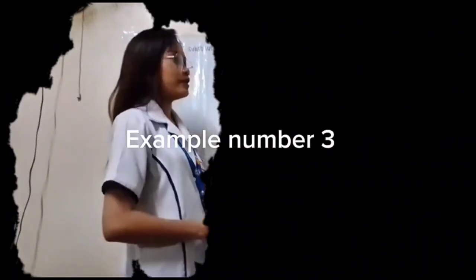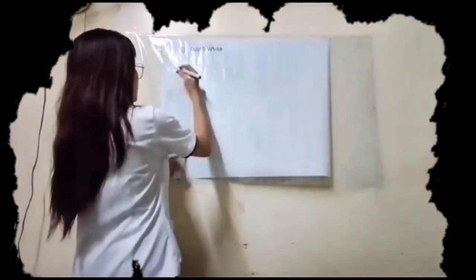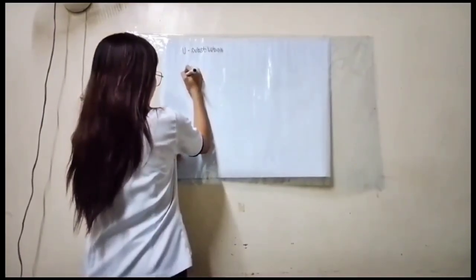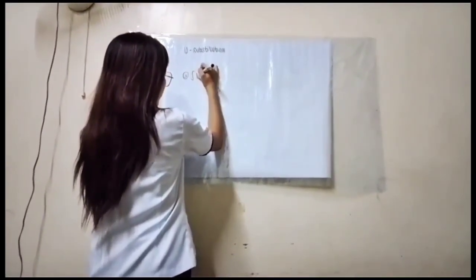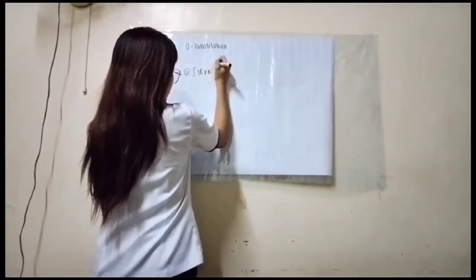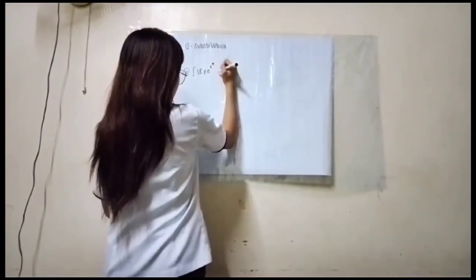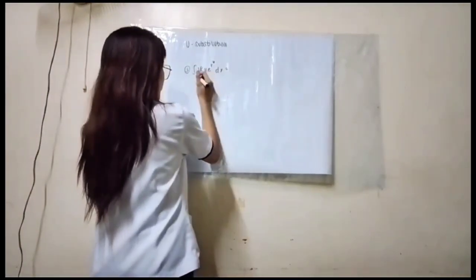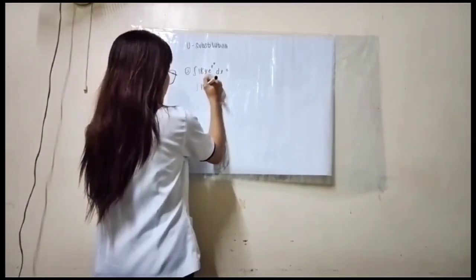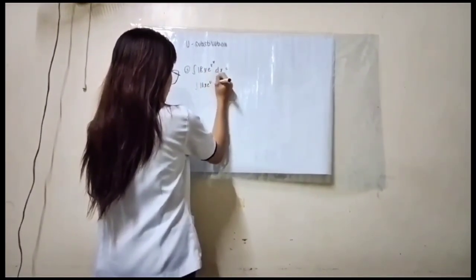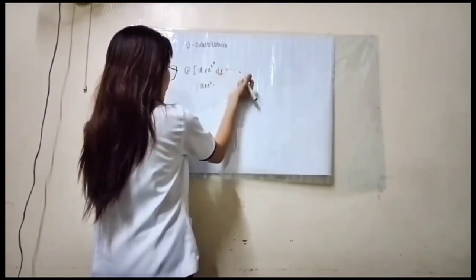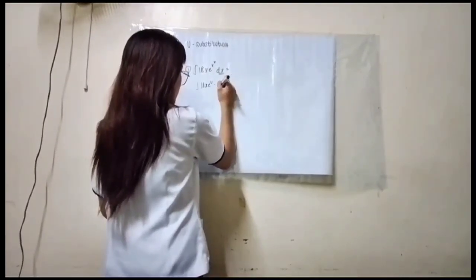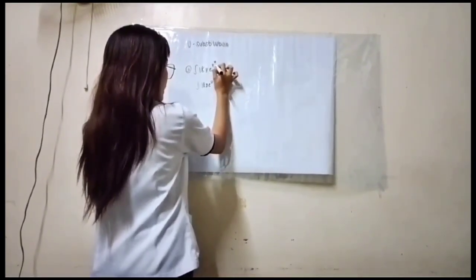Example number 3 will be the same as example number 2. So our example number 3 will be the integral of 18x e to the x^6. Again, the first step, we put the integral of 18x e to the u, and we replace this dx with du over 6x, since this is x^6.